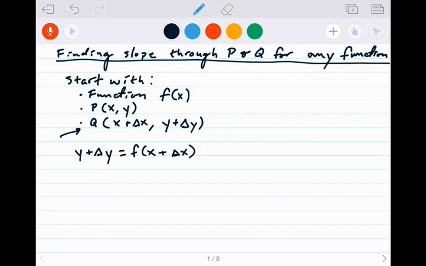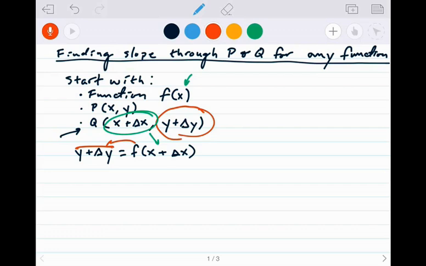The output part is found by taking the input part and plugging it into our function f. So we know y plus delta y is equal to f of x plus delta x.